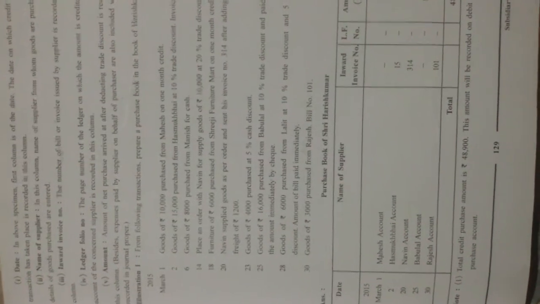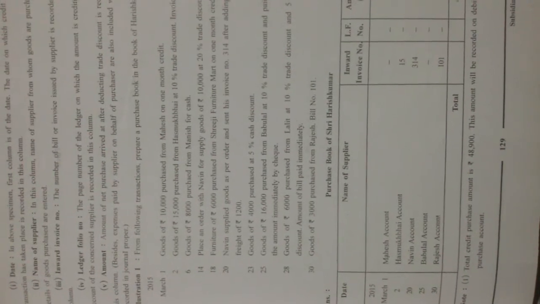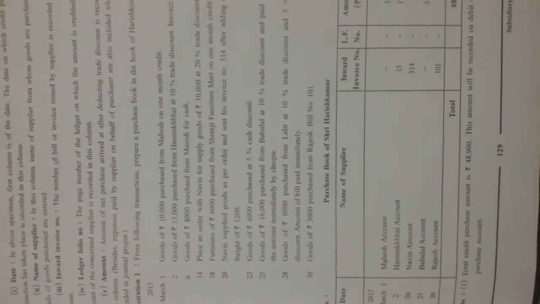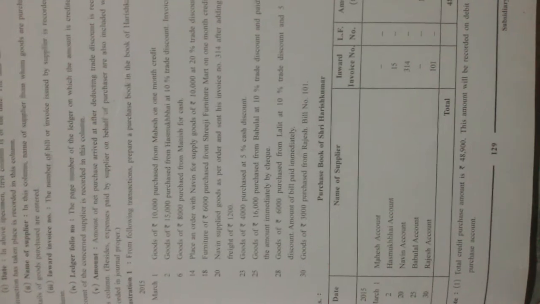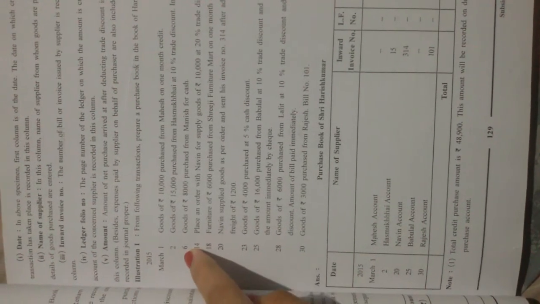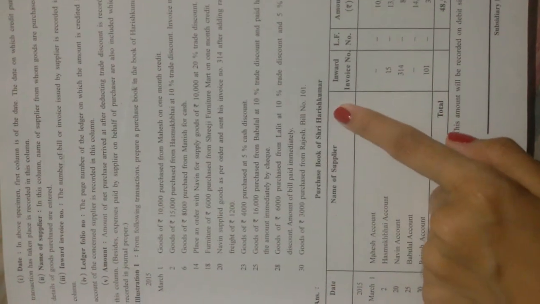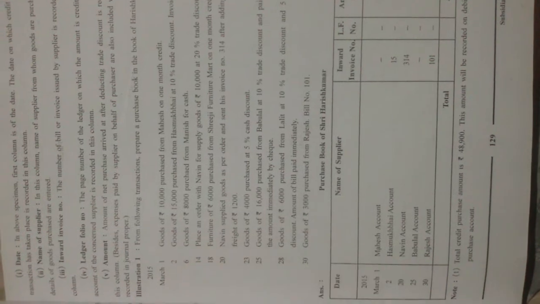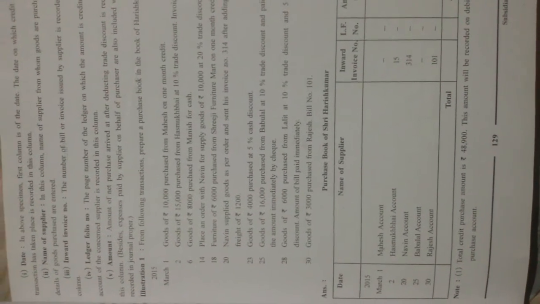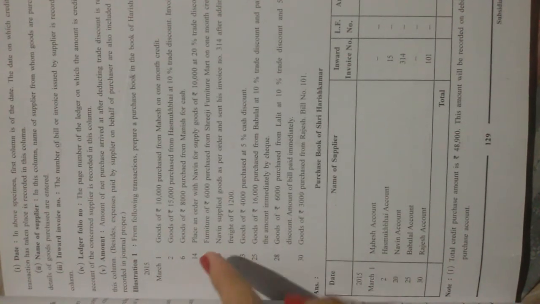So remember that cash transactions are not recorded in the purchase book. Any cash purchase of goods is not recorded in the purchase book. So the entry for the 6th of March transaction would not be written in the purchase book. Just remember that.